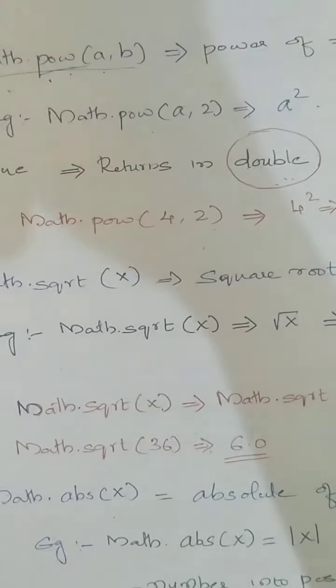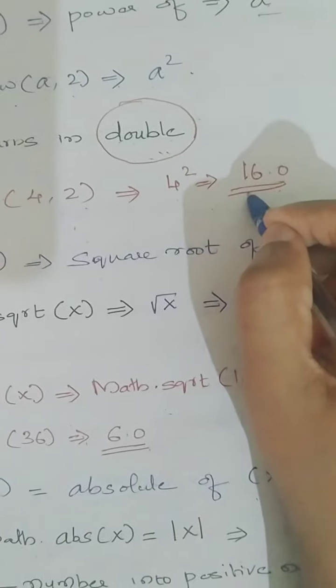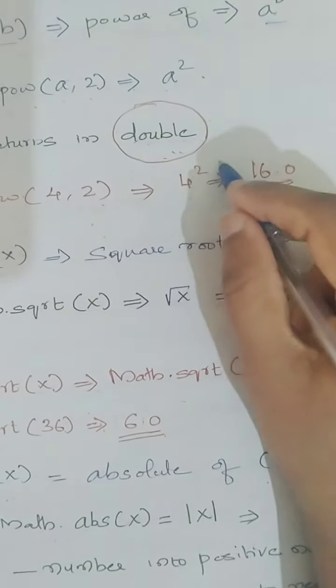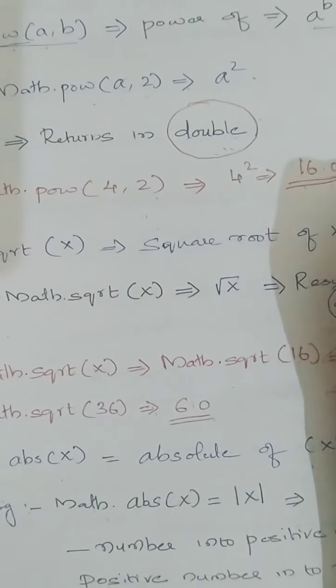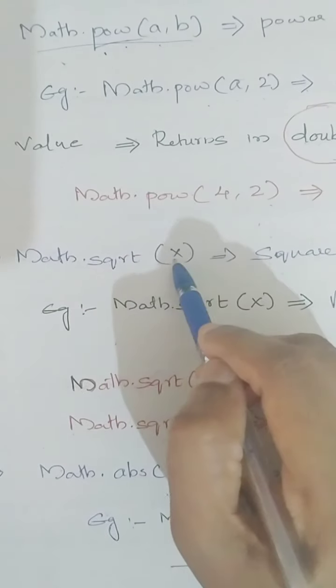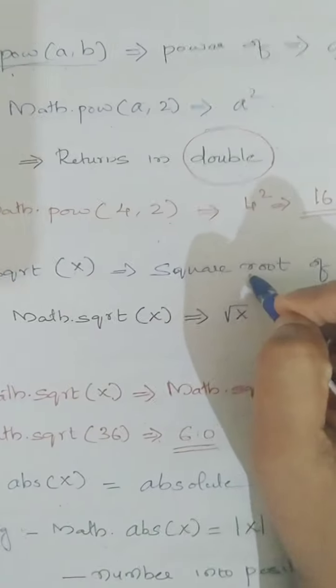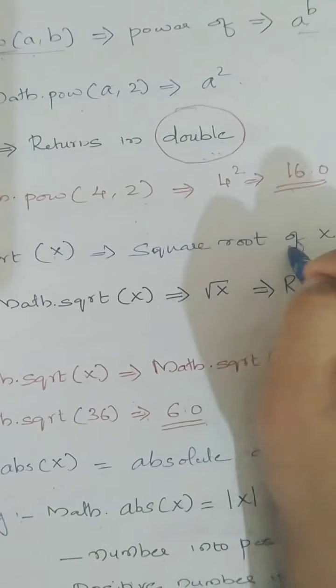So suppose Math dot pow of 4 comma 2 means 4 raised to square, and you will get 16.0. 4 into 4, 16, and 16.0 since it is written in double. And the next function is Math dot sqrt of x. It is used to find the square root of x.